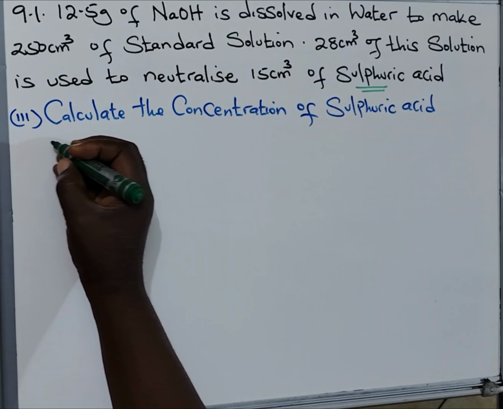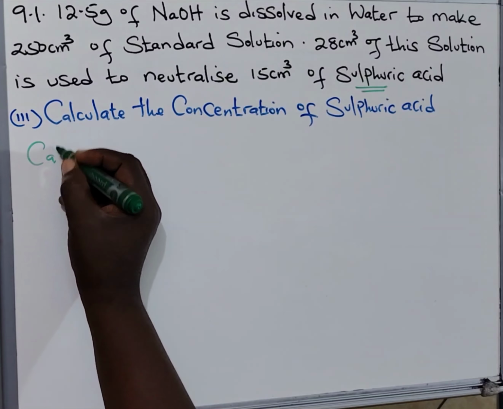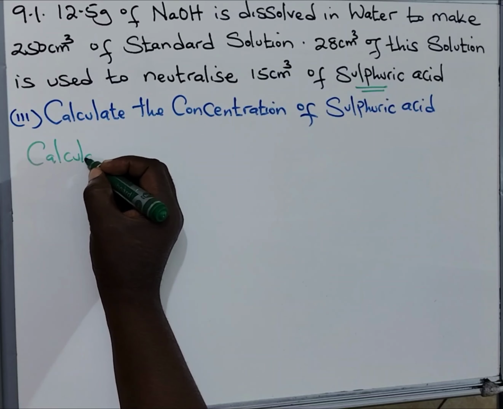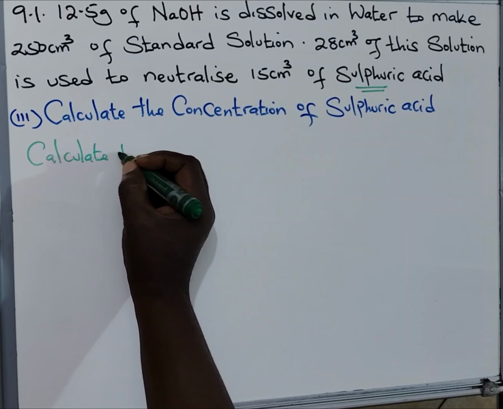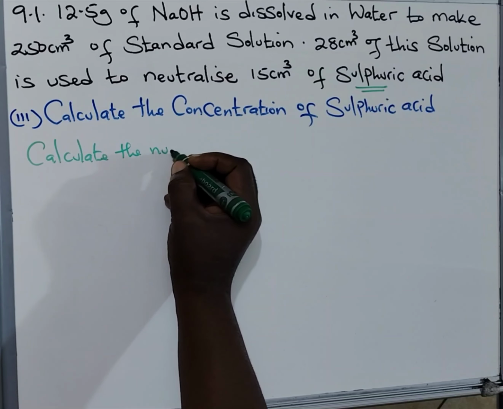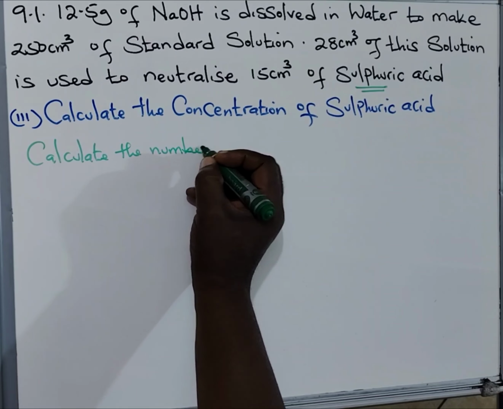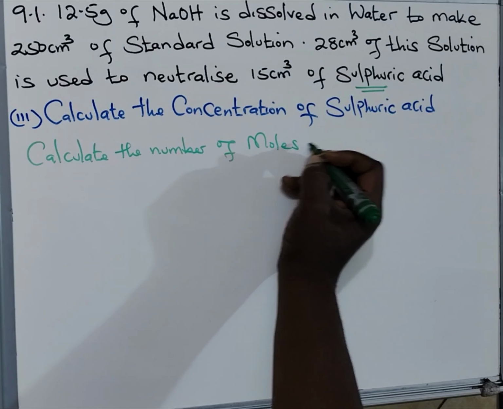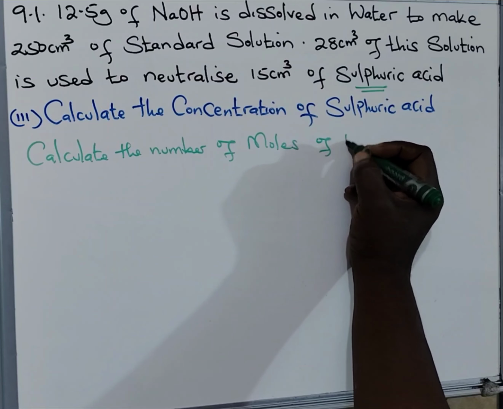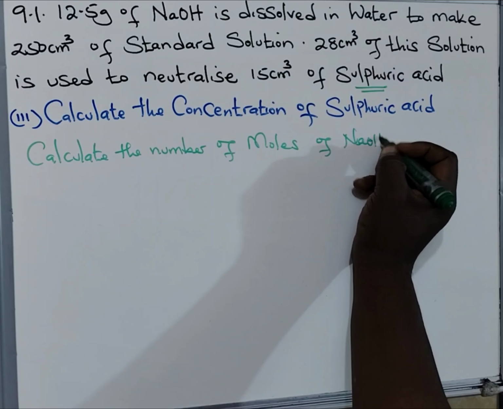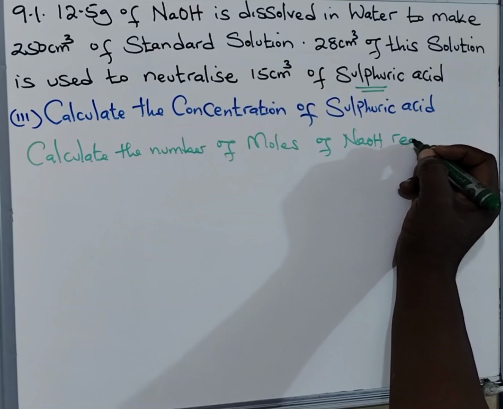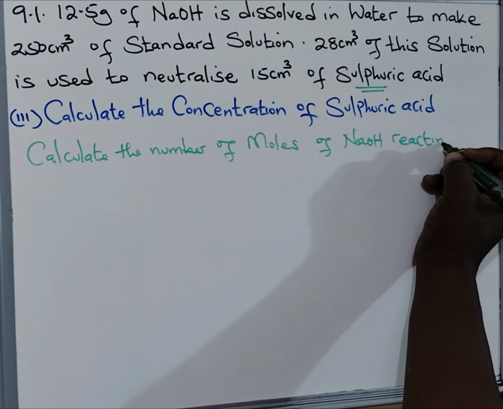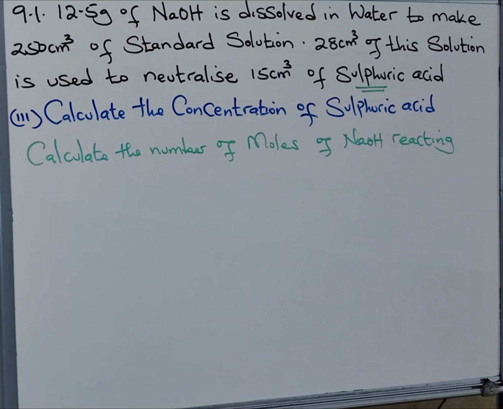The first step is to calculate the number of moles of sodium hydroxide reacting. That is the known, the standard. So this is always the first step. You move from known to unknown.